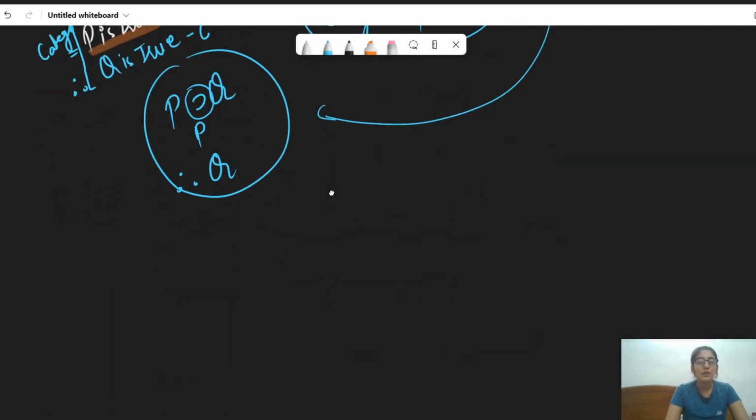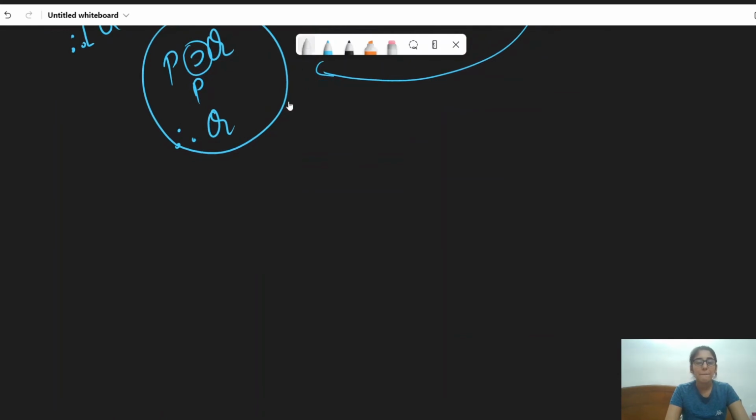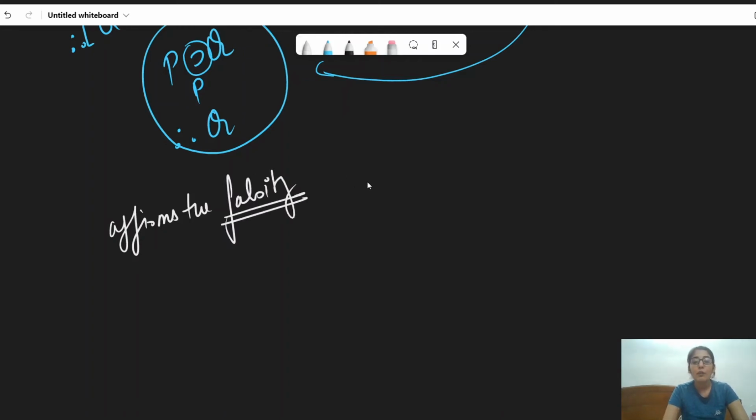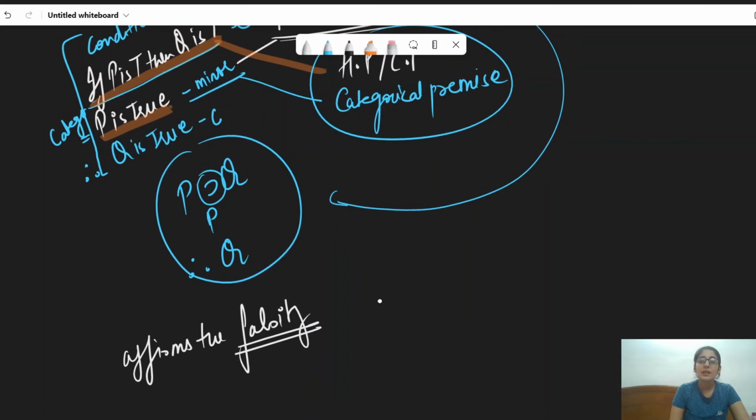Now this is one bit of it. On the other hand, you have to understand what happens if the categorical proposition affirms the falsity. Why are we taking this angle? Because here the categorical proposition was affirming the truth. We've written the word true here.